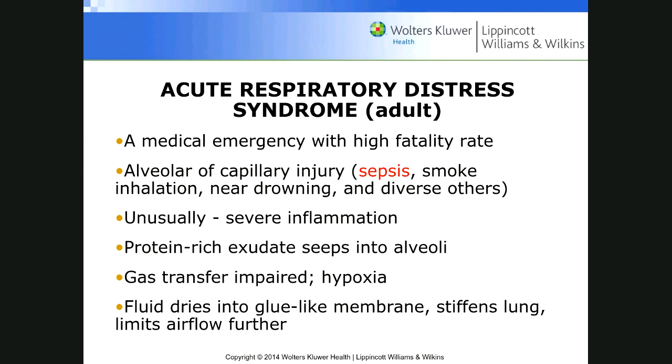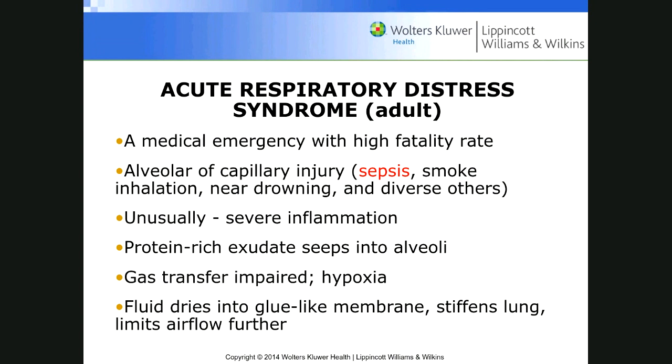And even though here, for example, I say acute respiratory distress syndrome, in adults it is very similar. It's exactly the same thing we see in microvascular injury. The steps are right here.